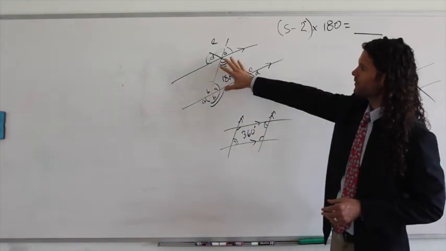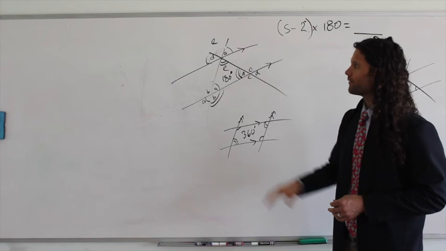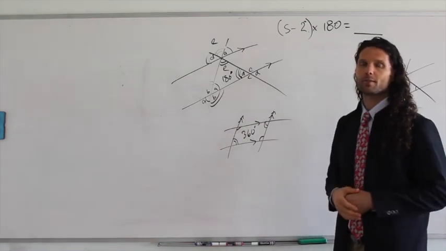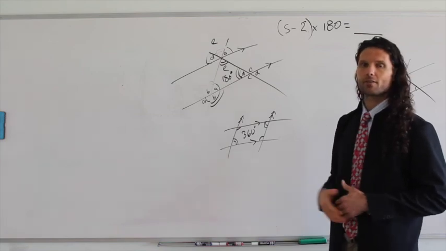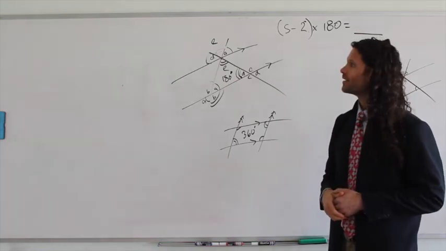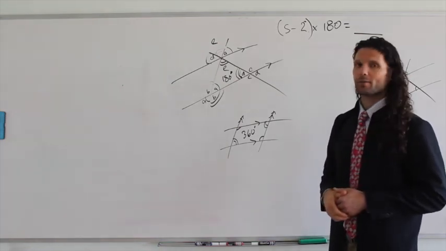And so again, using just some simple reasoning with geometry, we can come up with many different proofs and evidence of these different postulates and theorems by ourselves. Thank you.